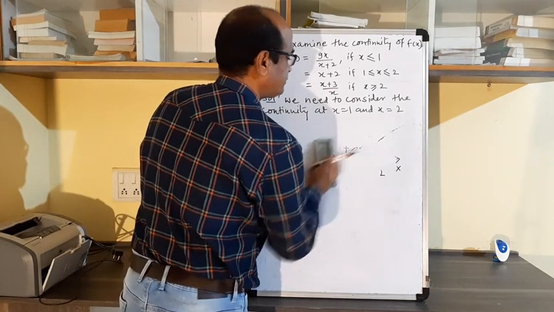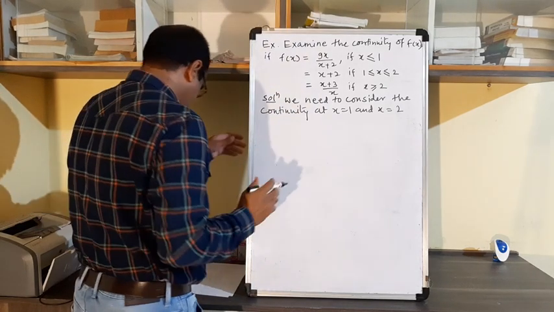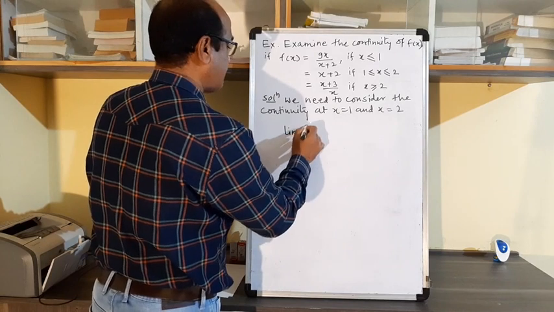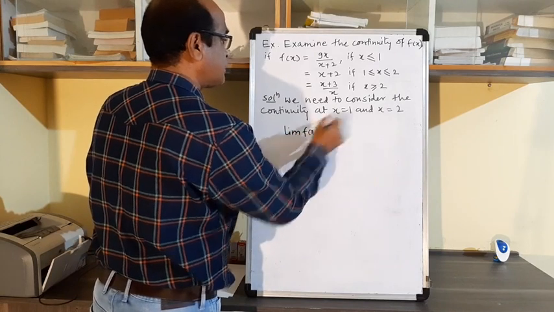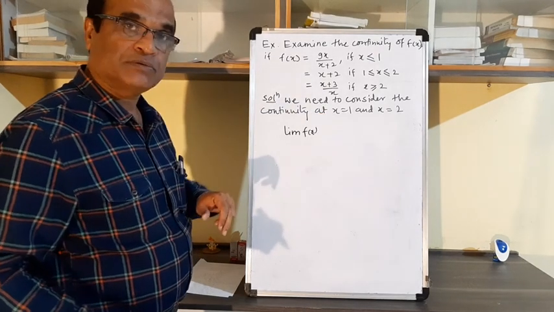Okay. So what is the left hand limit of f(x)? We check first the limit of the given function at x is equal to 1.